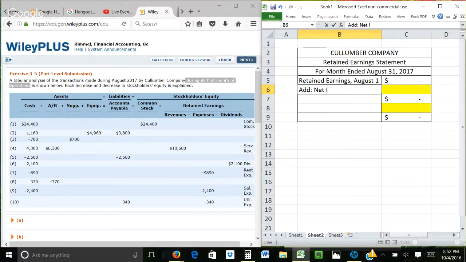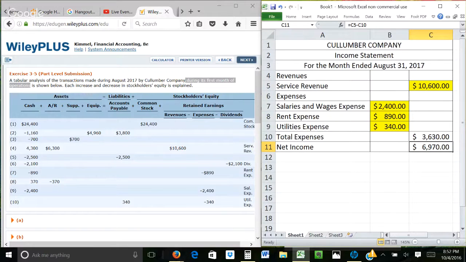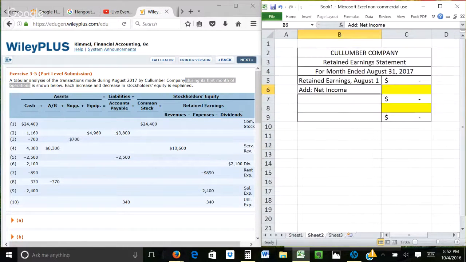our net income, which, if we remember from the income statement, is $6,970. And that will bring us to the subtraction.